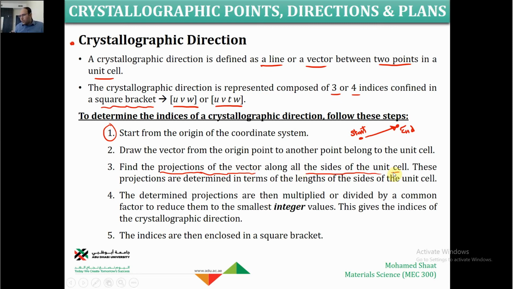We have 3 sides of the unit cell, parallel to X, Y, or Z. So your objective is to find the projections of this vector along X, along Y, along Z. These projections are determined in terms of the lengths of these sides of the unit cell. The determined projections are then multiplied, and this is a very important step. The condition is that all of these indices should be integers.